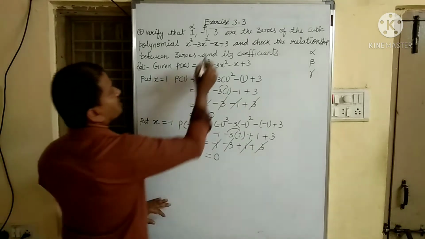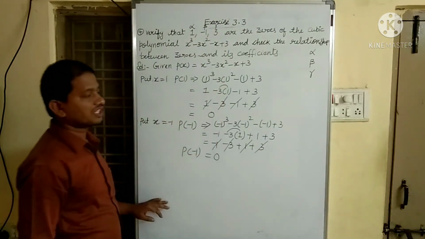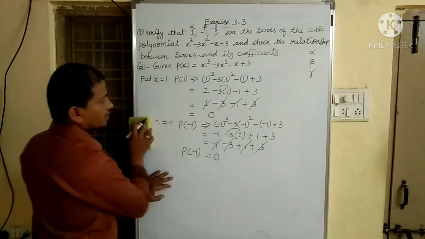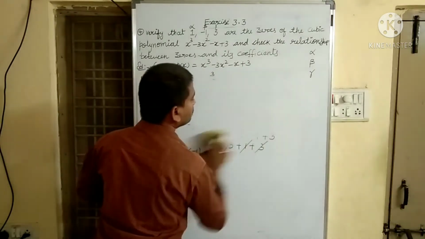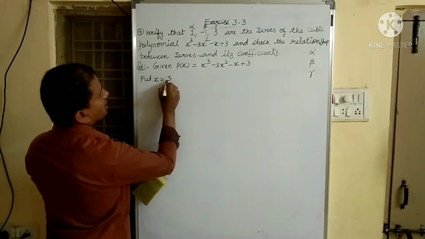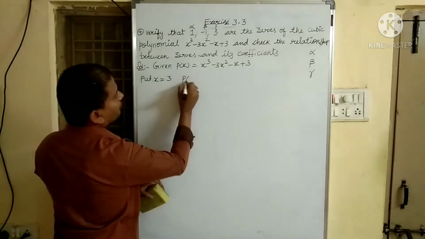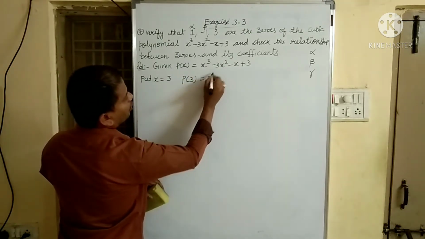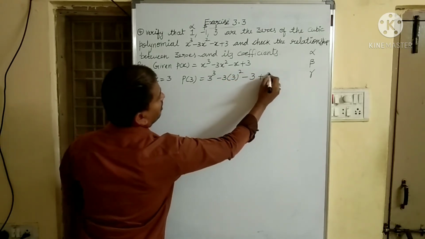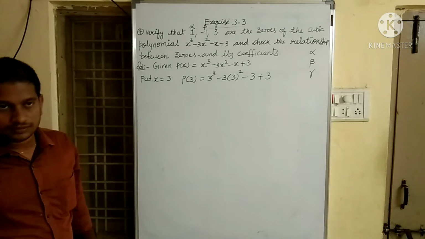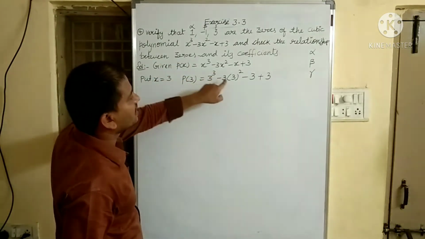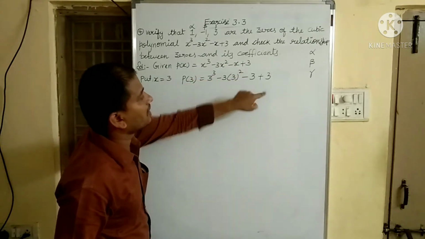Now, what is our third zero which is given? Gamma, which is given 3. Now put x equal to the gamma value 3. Let us find p of 3. That is 3 cube minus 3 into 3 square minus 3 plus 3.